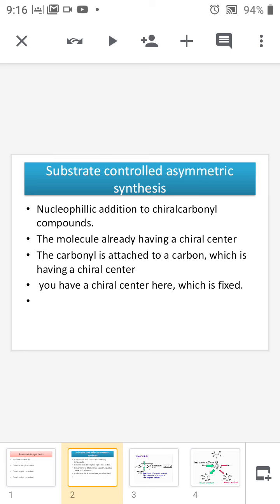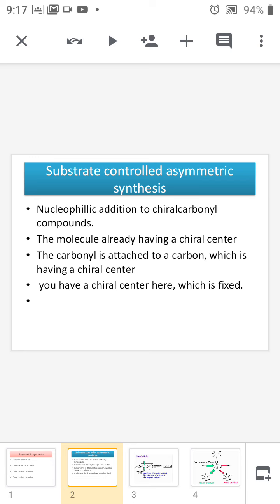So in this category, the molecule we have already has a chiral center, and the carbonyl group is attached to this chiral center, and we are creating an additional chiral center by nucleophilic addition reaction. So that is the difference here.